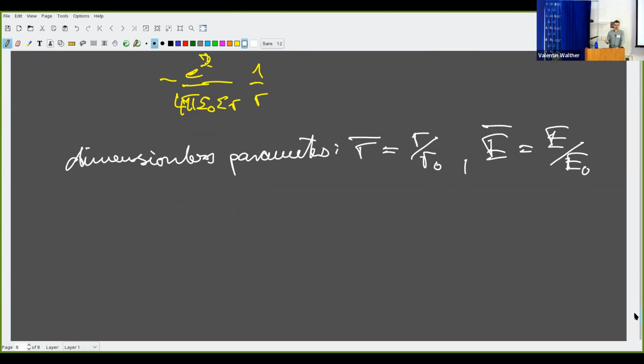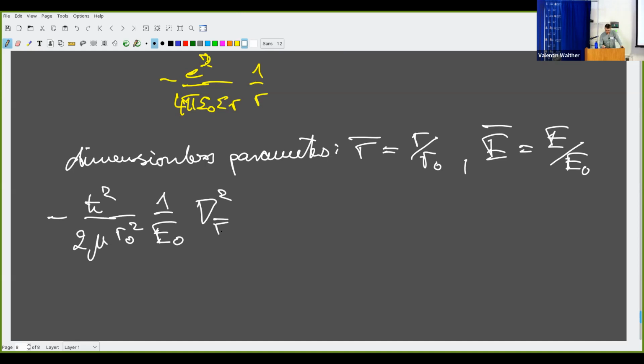This is how you would make any differential equation dimensionless; I just show it here to illustrate the point. Then you get the r0 squared from the spatial derivative, and I divide everything by the energy, so now we're taking the derivative with respect to that scaled variable.